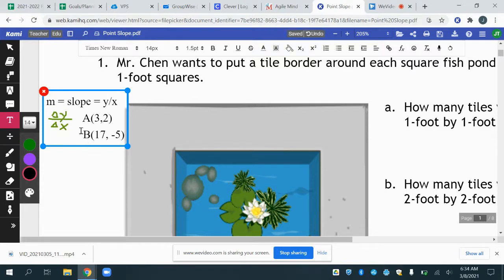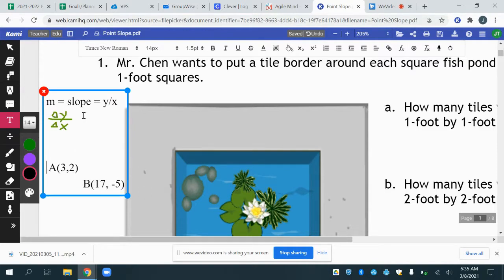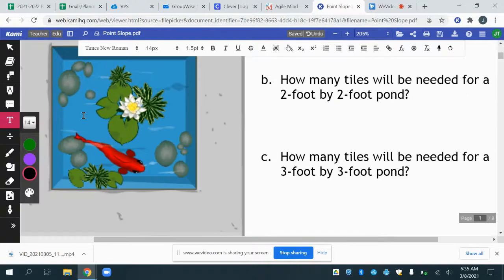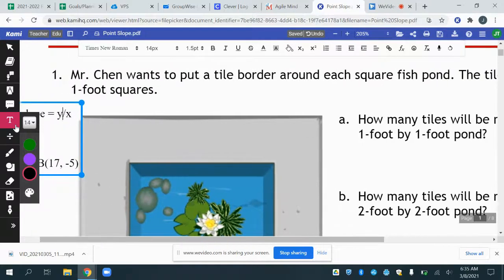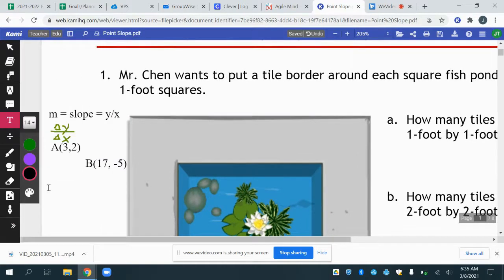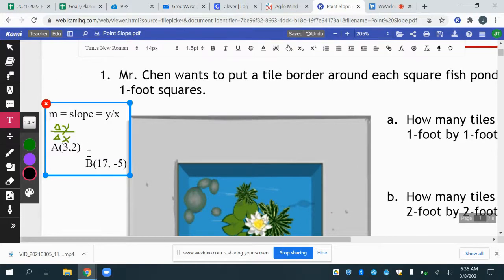Well, I can figure this out mathematically. I'm going to make this go down a little bit so we can actually see. Okay. Half the battle, isn't it? So here's what I can do. I'm going to figure how much x changes and how much y changes. I can use a little math.